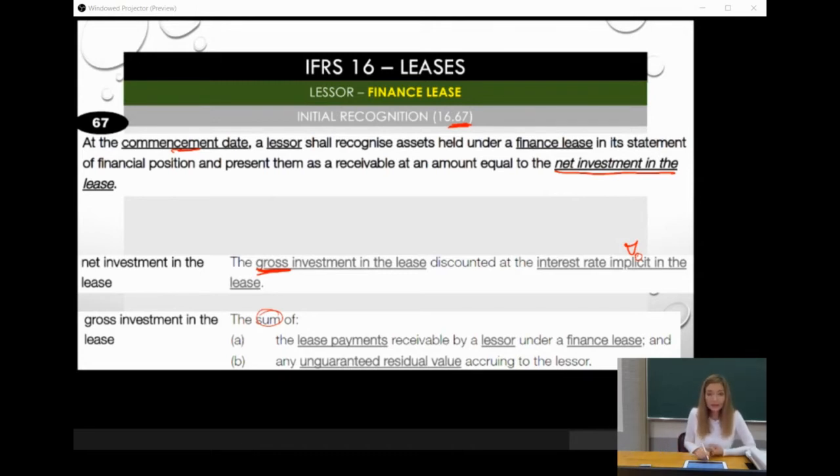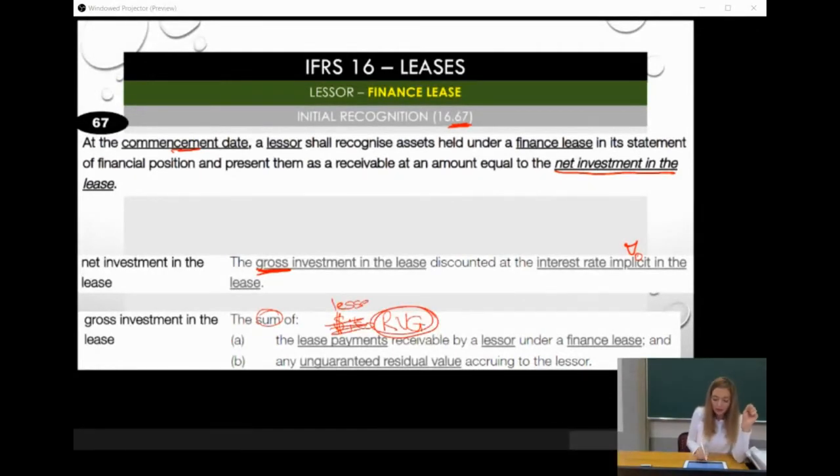Remember, the definition of lease payments for the lessor will include all the fixed payments and variable payments that are linked to an index or a rate. And the important difference between the lessee and the lessor is that it will also include the residual value guarantee. Sorry, it will actually include the total residual value guarantee.